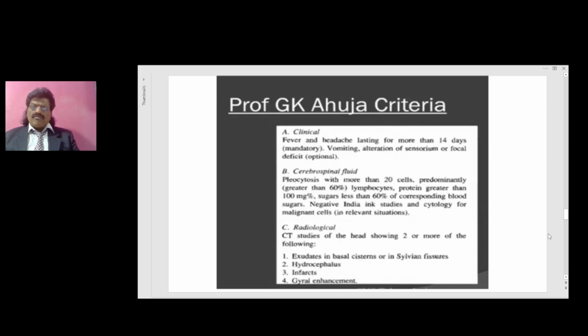The cerebrospinal fluid: pleocytosis with more than 20 cells, predominantly greater than 60% lymphocytes, protein greater than 100 milligrams, sugar less than 60% of corresponding blood sugars, negative Indian ink studies, and cytology for malignant cells in relevant situations. Radiological: CT studies of the head showing 2 or more of the following: exudates in the basal cisterns or in sylvian fissures, hydrocephalus, infarcts, or gyral enhancement.